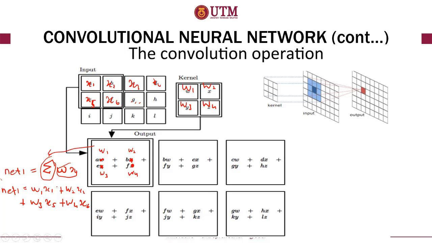The difference is that now you can see over here, not every input is involved in this multiplication. Because you have only 4 w, you are processing only 4 inputs, even though you have 4 times 3, which is 12, so x1 until x12 over here.